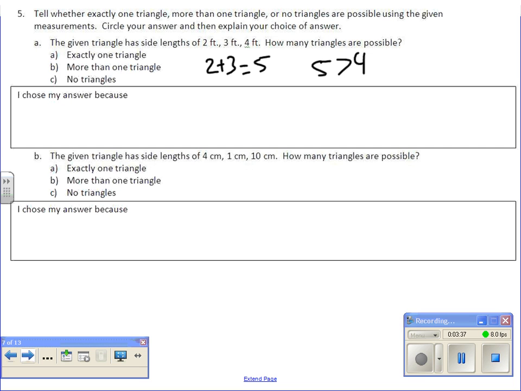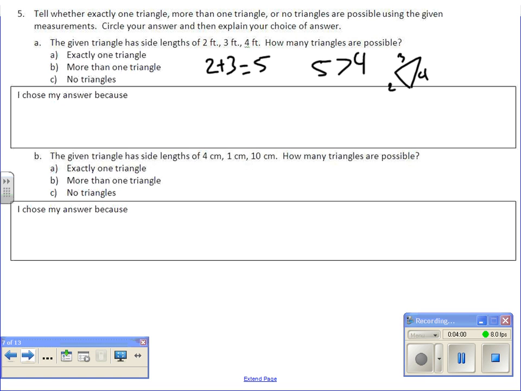Now we have to think about if we can make more than one triangle or not. Well, I think I could go ahead and draw these in a couple different ways, right? I can put my 2-inch right there, 3-inch here, 4 right there. Okay.